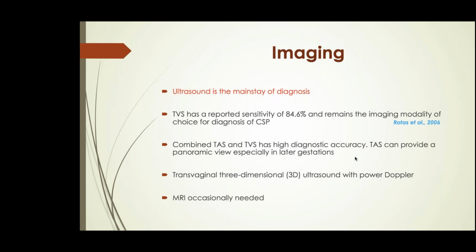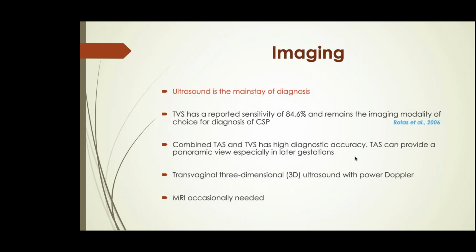Combined transabdominal and transvaginal scanning has a high diagnostic accuracy. The importance of the transabdominal is that it will give you a panoramic view of the pelvis, and of course, the transvaginal scanning will locate the exact location of the pregnancy quite clearly. 3D TVS has also been used, and MRI is occasionally needed.